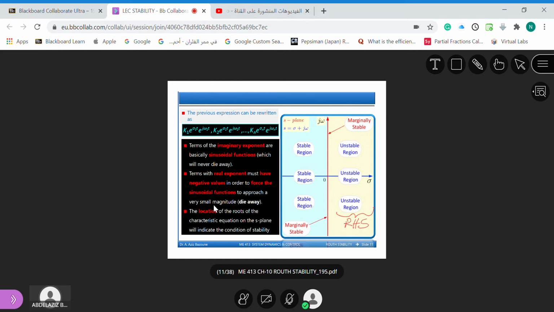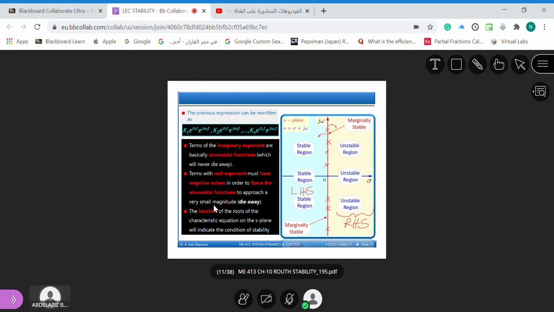The left-hand side plane is where the system is stable, and this red line is called the marginally stable line. Marginally stable means on the border lines. If it goes this way, it will be unstable. If it goes this way, it will be stable.